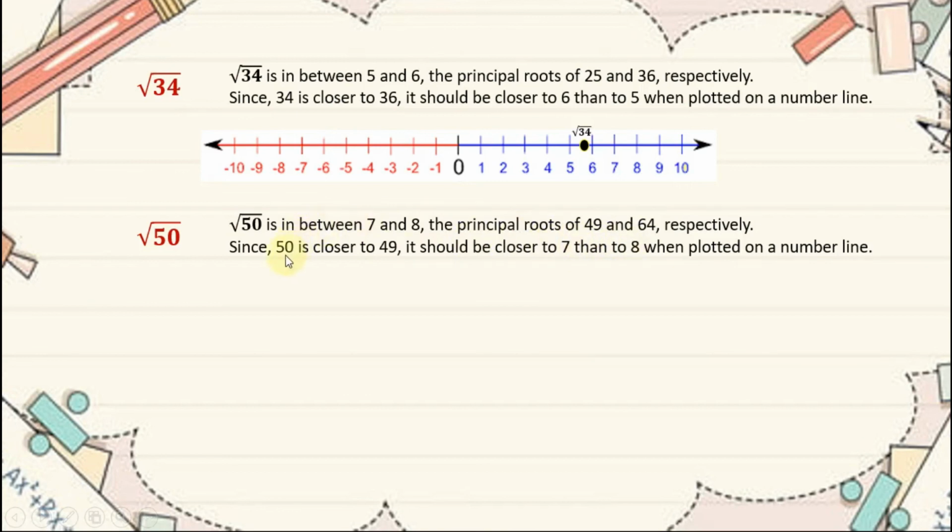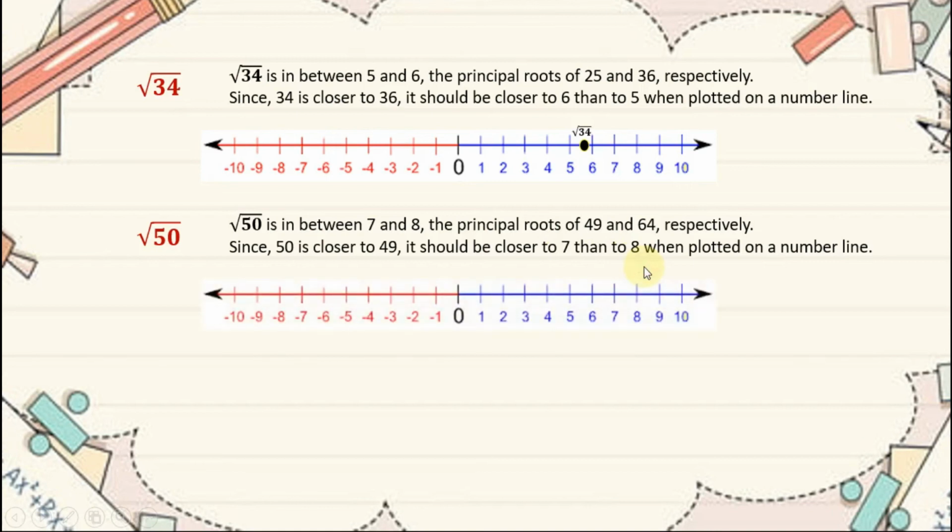And since 50 is closer to 49, it should be closer to number 7 when you plot it on the number line. So again, the square root of 50 should lie between these numbers, 7 and 8.